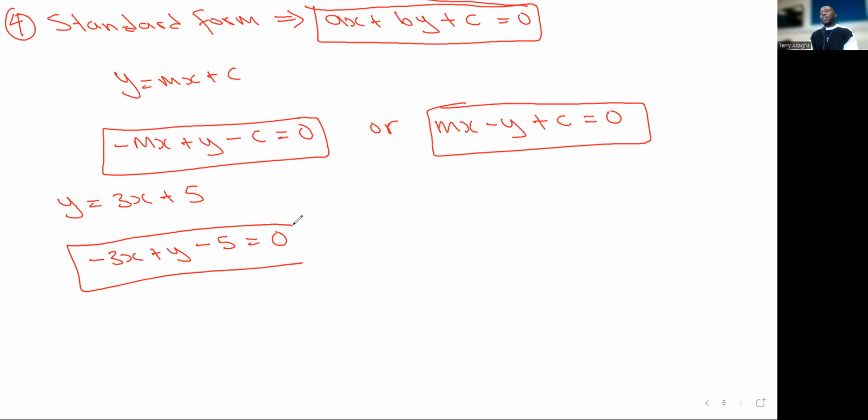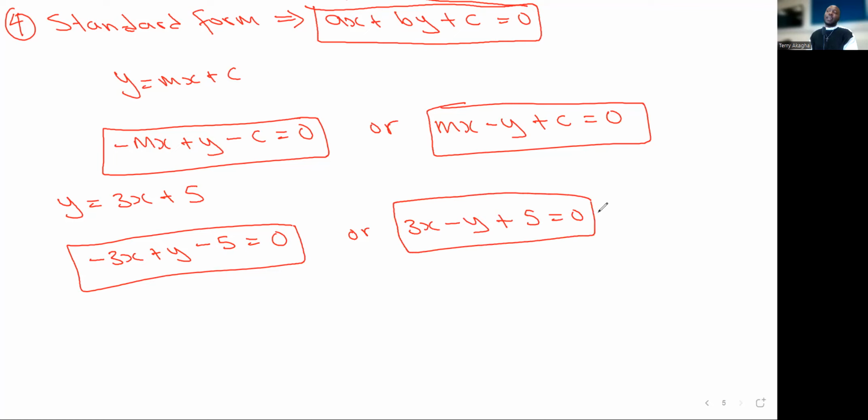So this is what we call the standard form, as you can see, okay? Or you can decide to take y to the other side. So it's going to give us 3x minus y plus 5 is equal to 0. Are you seeing it? And this is what we call the standard form.